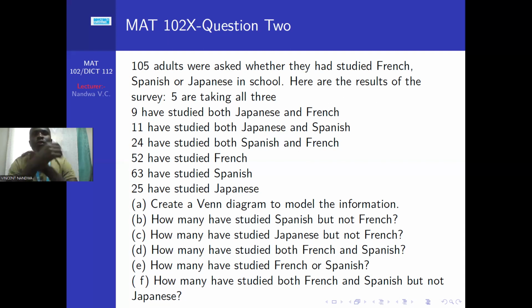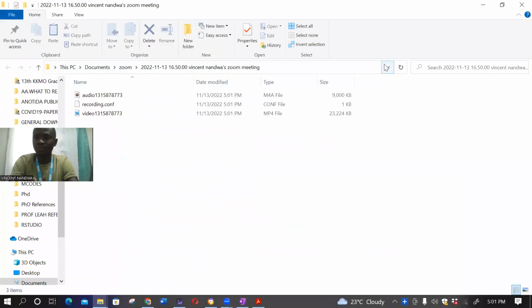So this means that when we draw the Venn diagram, our universal set, which will be represented by the rectangle, will have 3 circles within it, representing the French set, Spanish set, and Japanese set. So let's demonstrate that.